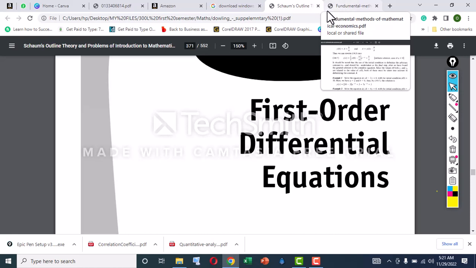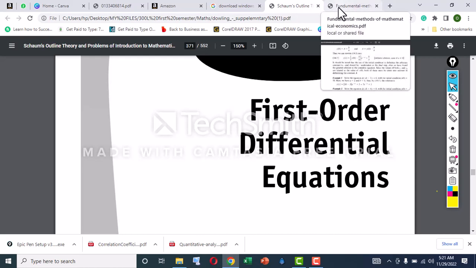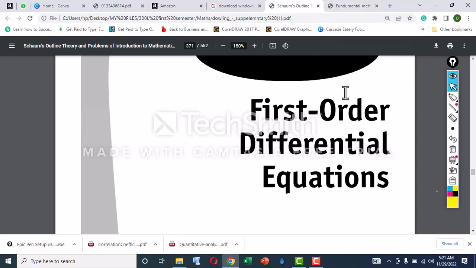For Schaum's, the method is also good. You still get to the same final answer, but it's not the one the lecturer used, and it's a little complicated because you have to do integration and some other stuff like that. So that's why I'm advising that you use Alpha Chiang, but both methods are very good.